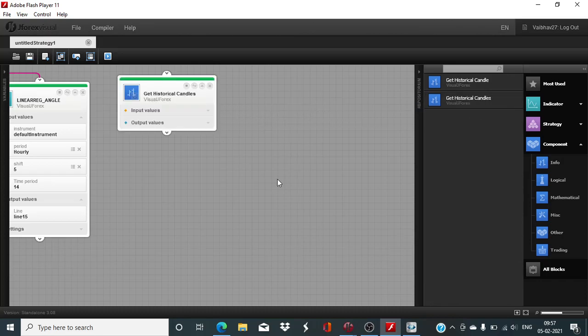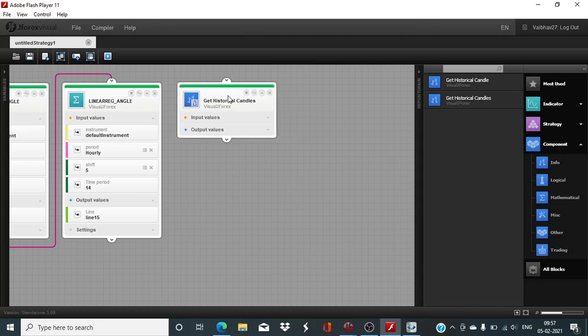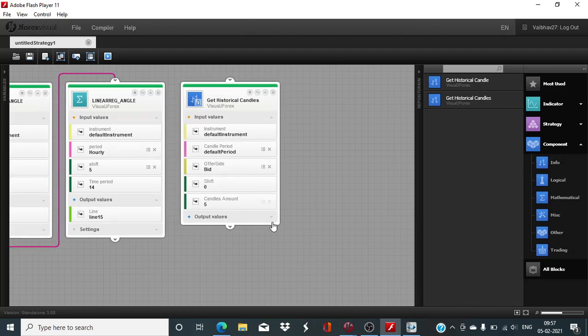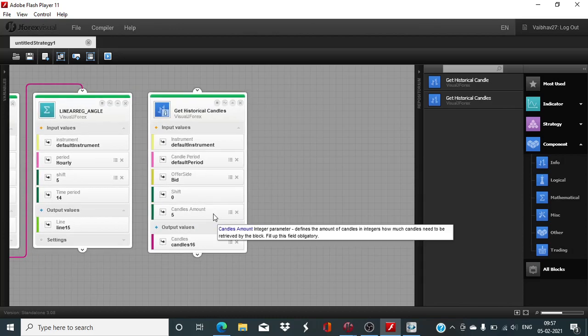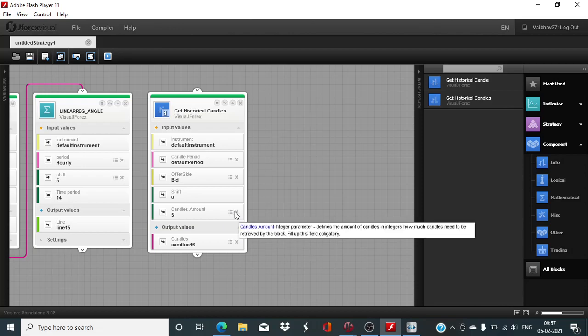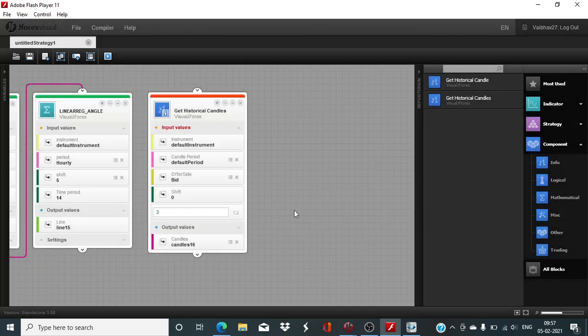We can define the number of candles which we will be taking into consideration. And here I think for this algorithm session, the candle amount of 3 should be good enough. So I will make it 3.